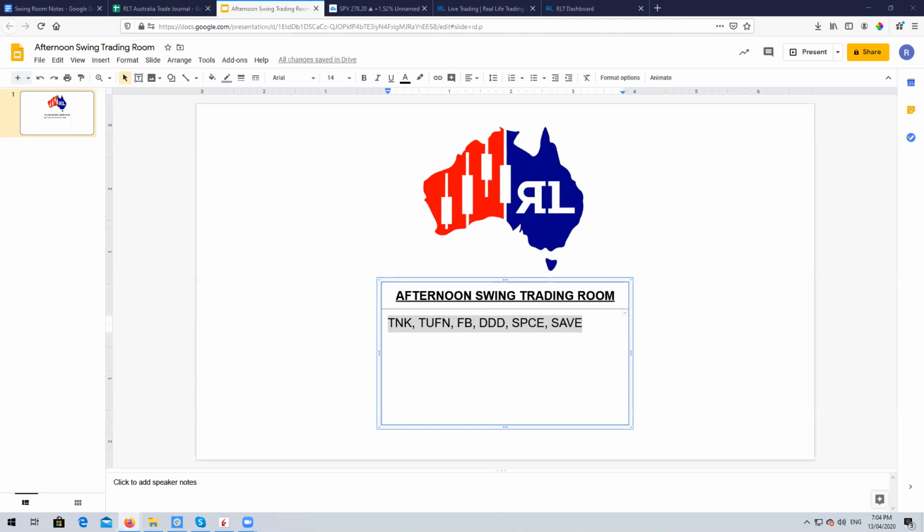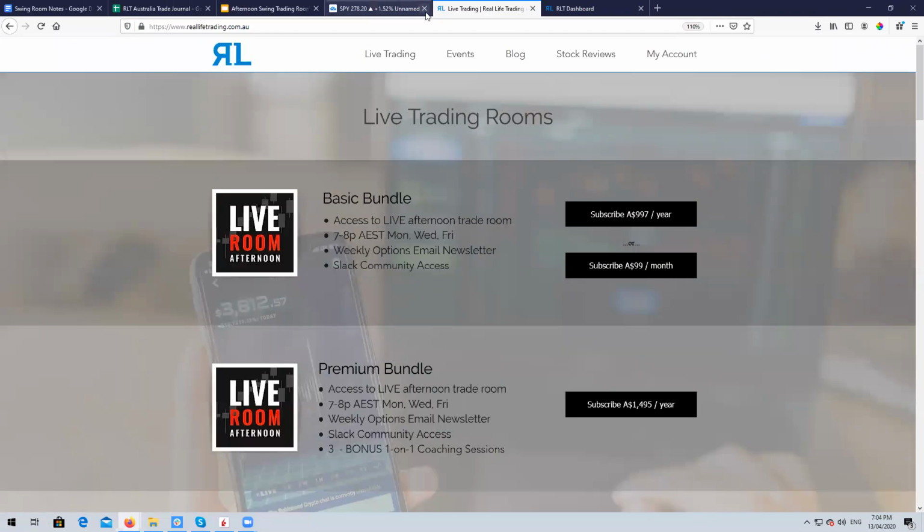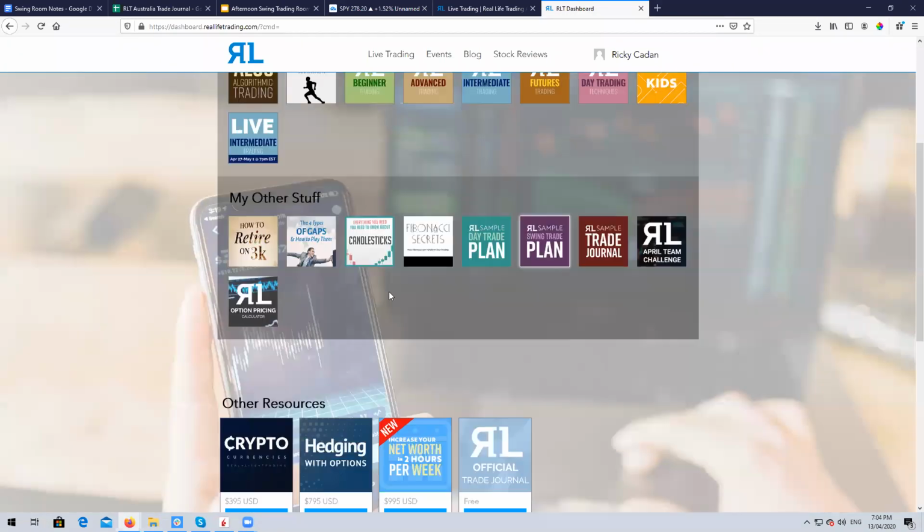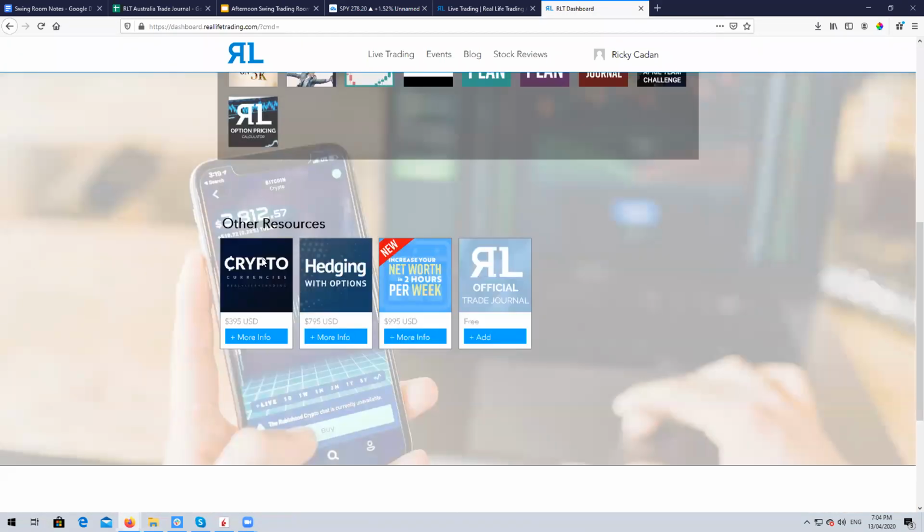Now, if you haven't yet added the tool to your dashboard, go to reallifetrading.com, or reallifetrading.com.au, go to your dashboard, and down here, it'll be in your other resources tab.